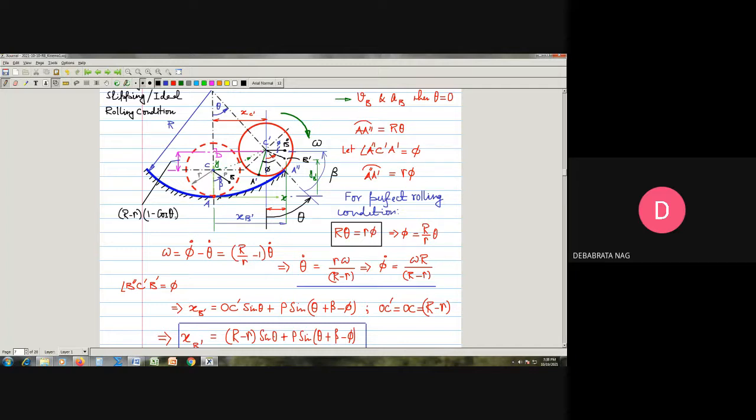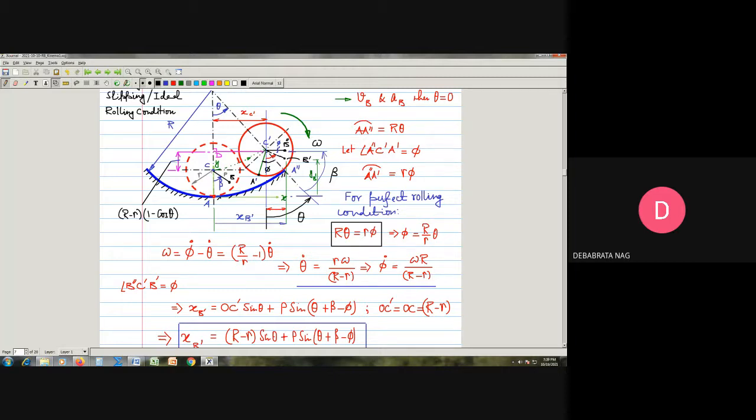That is what you need to add the distance r to, then you will be getting the y coordinate of C dash from point A. Correct? Now you need to come down, because the point B dash is here and this angle is there.